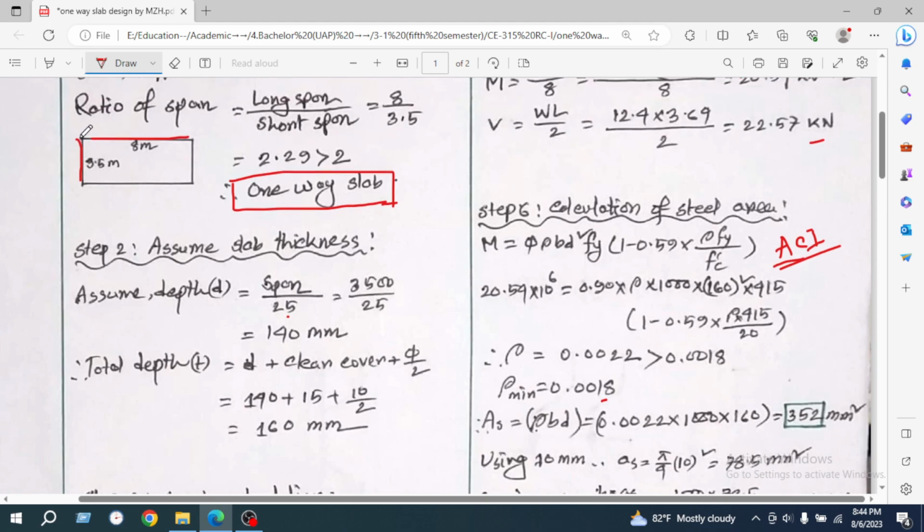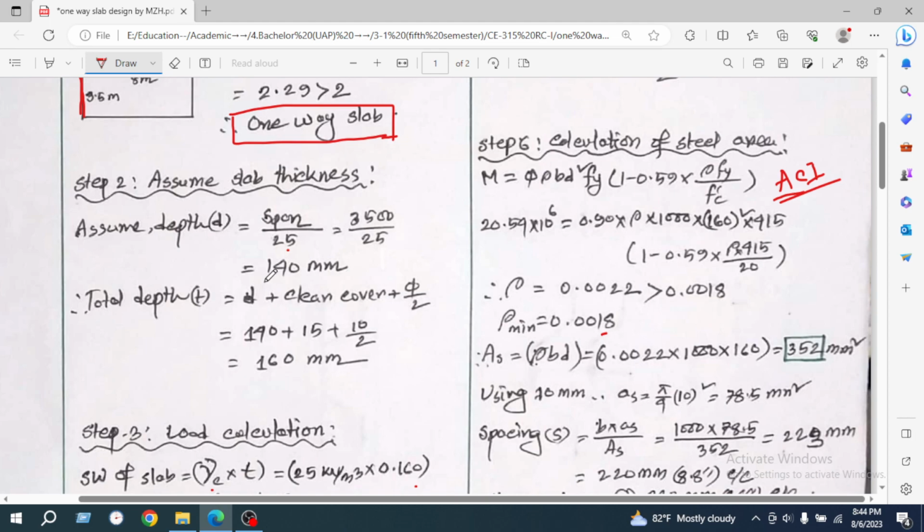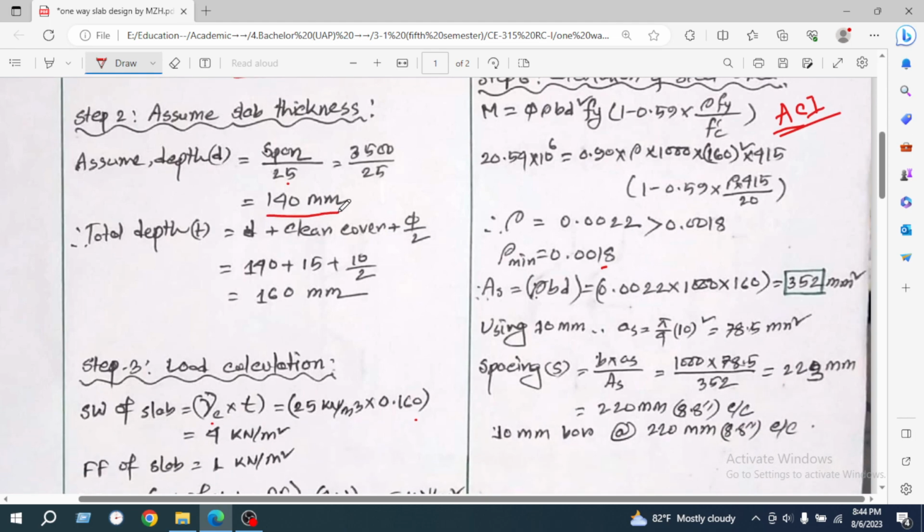So our short span is 3.5 and divided by 25 we get 140 millimeter, and total depth will be that plus clear cover plus the bar diameter divided by 2. So 140 plus 15 plus 10 divided by 2, which is 160 millimeter. This is our depth of the slab.